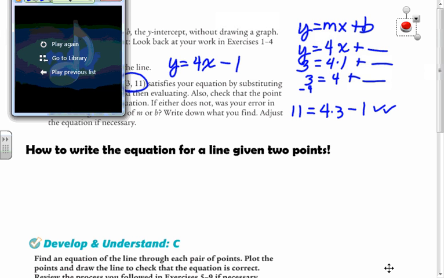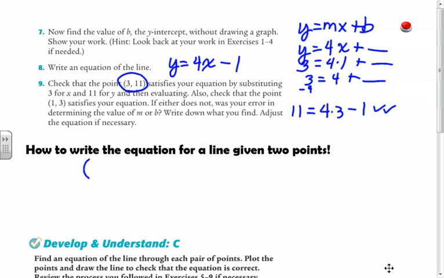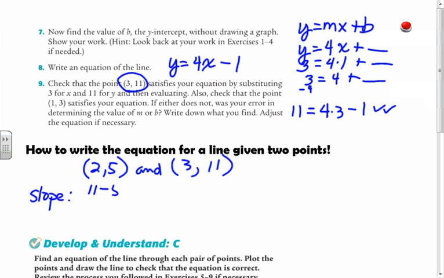So just to summarize this, I'll make up a couple of points here and we'll find the equation. Let's say we have one point at (2, 5), and another point at, say, (3, 11). Okay, so first thing we're going to do is find the slope. So we're going to do 11 minus 5 over 3 minus 2, which is 6 over 1, which is 6.